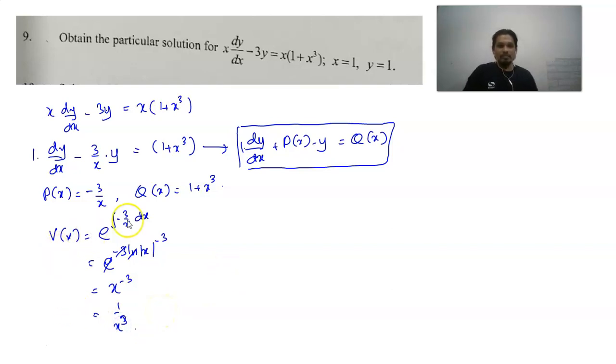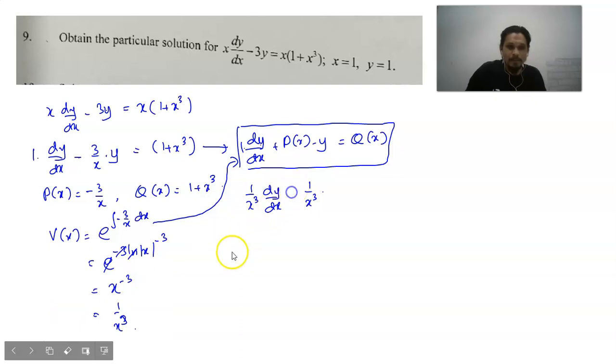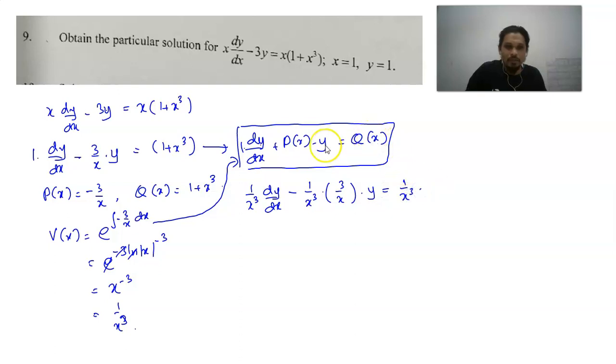So this V(x) is multiplied here: 1 over x cubed dy/dx plus 1 over x cubed multiplied with negative 3 over x times y equals 1 over x cubed multiplied with Q(x), which is 1 plus x cubed.